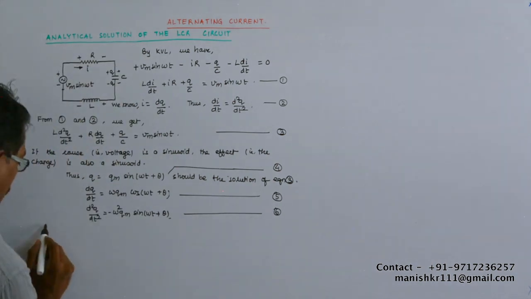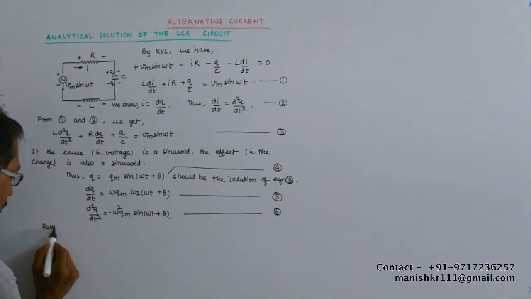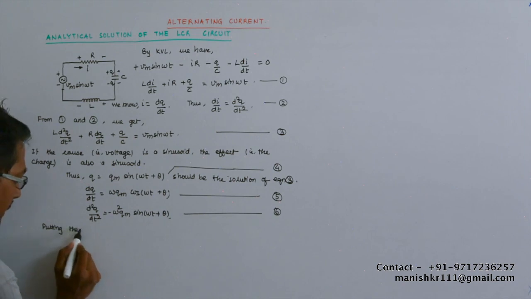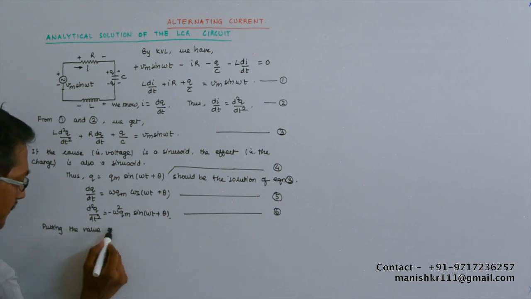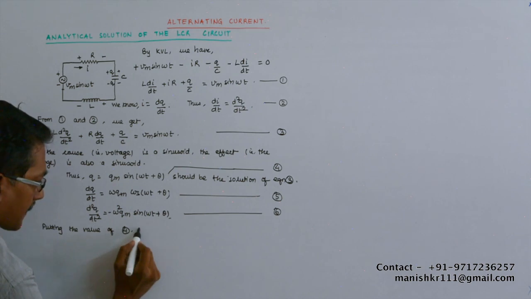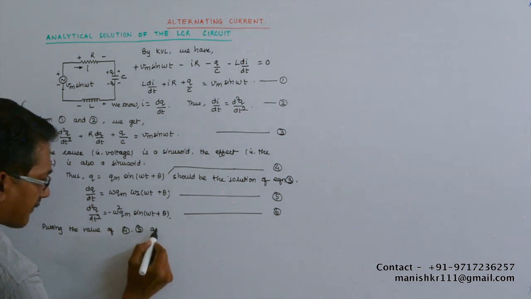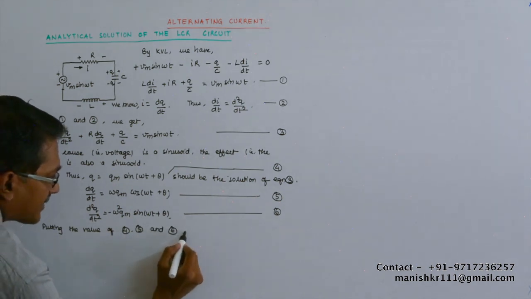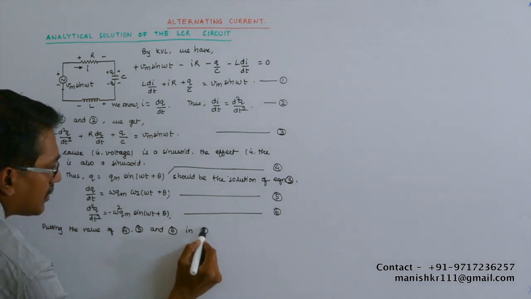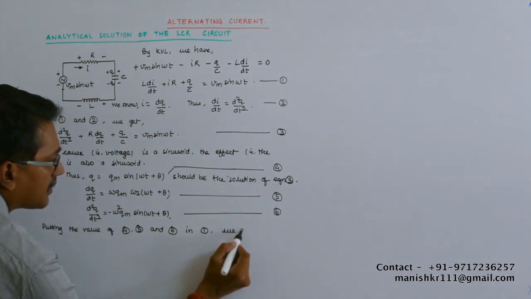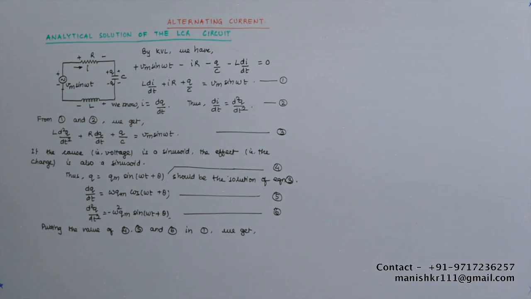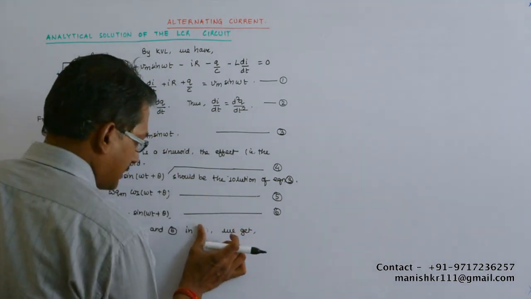Okay. So what I am doing, putting the value of 4, 5 and 6 in 1 we get, okay, in 1, not in 1, in 3.